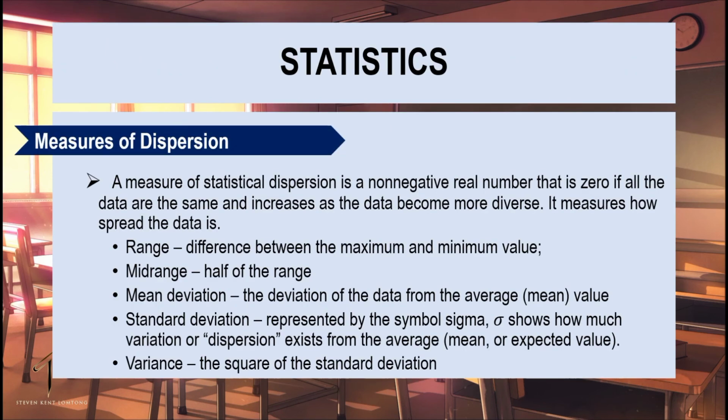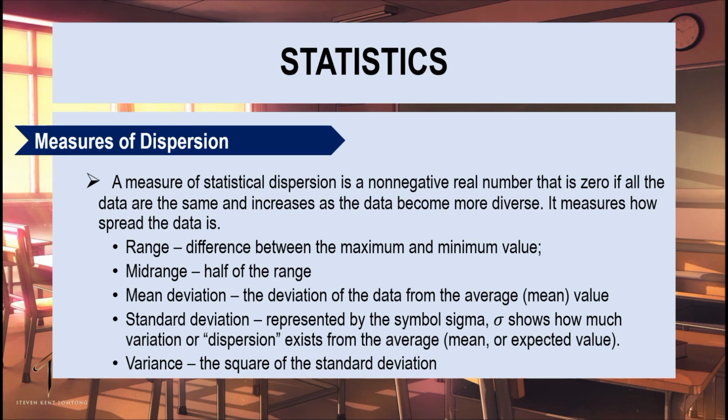Next, measures of dispersion. So, a measure of statistical dispersion is a non-negative real number that is 0 if all the data are the same and increases as the data become more diverse. It measures how spread the data is. So, we have here some terms like range, difference between the maximum and the minimum value.